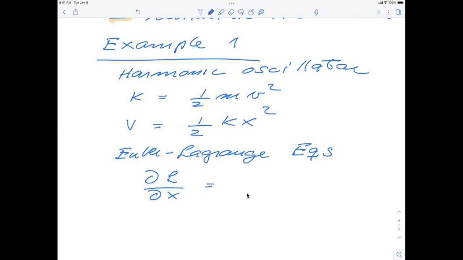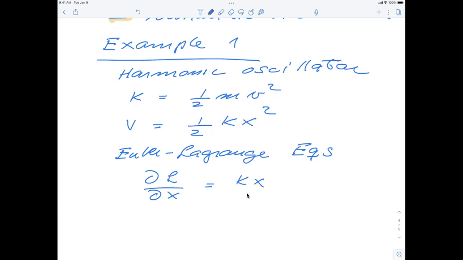If we take the partial derivative with respect to x, we see that v does not depend on x, so the velocity doesn't depend on x in the expression. And then we have a position in the potential energy term. So if we take the partial derivative there, what we get is just k times x.